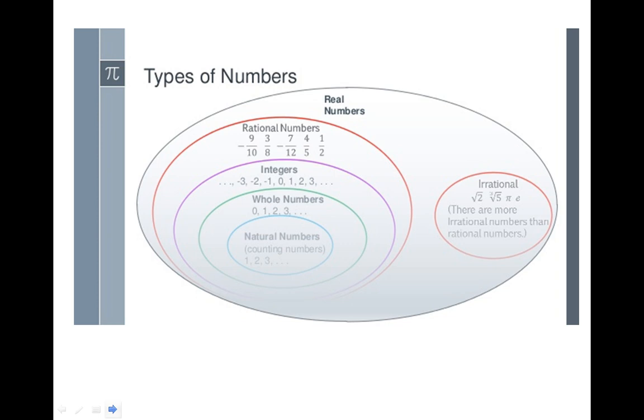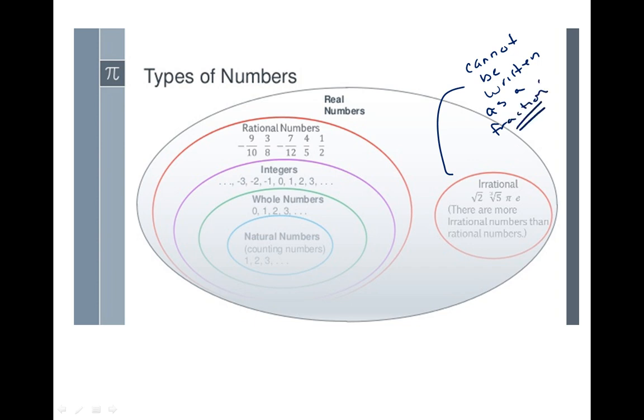Irrational numbers are those numbers that cannot be expressed as a fraction. Irrational numbers cannot be written as a fraction. Rational numbers can be written as a fraction.